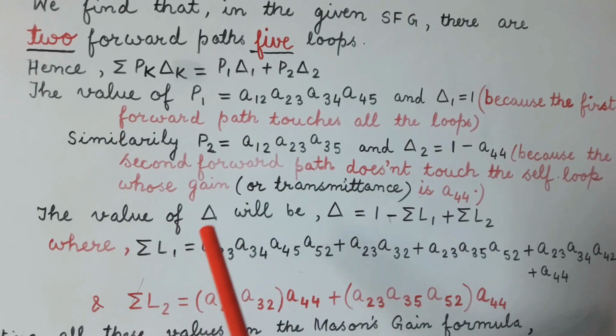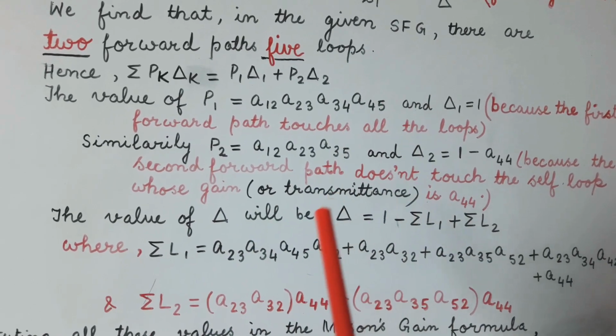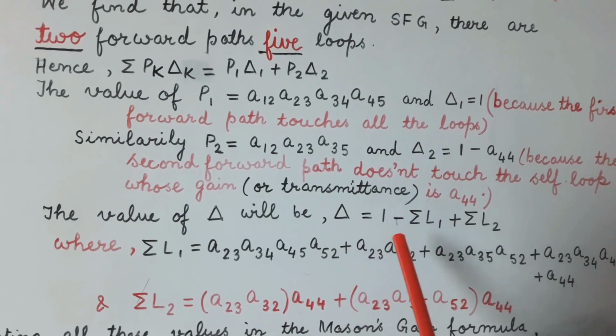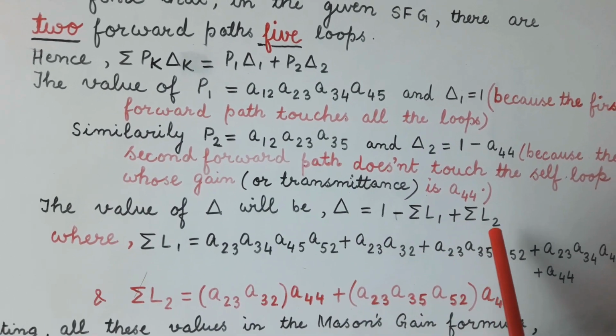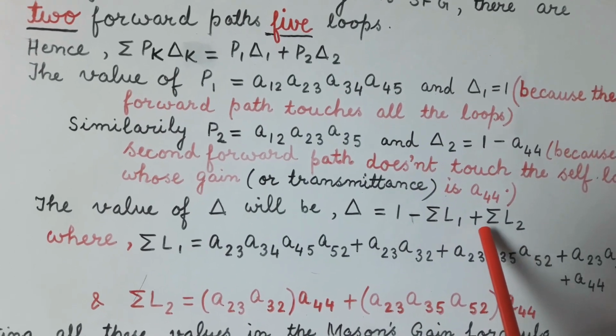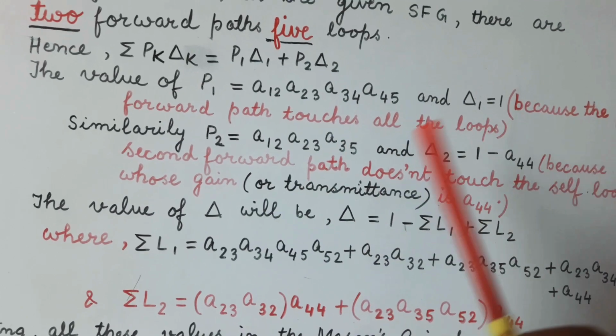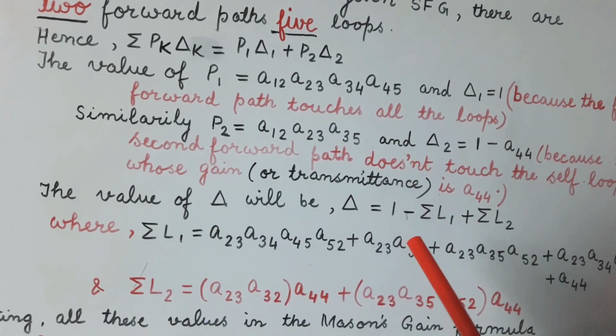Now we will find the value of delta. The value of delta in this case will be given by 1 minus summation L1 plus summation L2. Why only till L2? Because there are only 2 loops in this case which are non-touching.